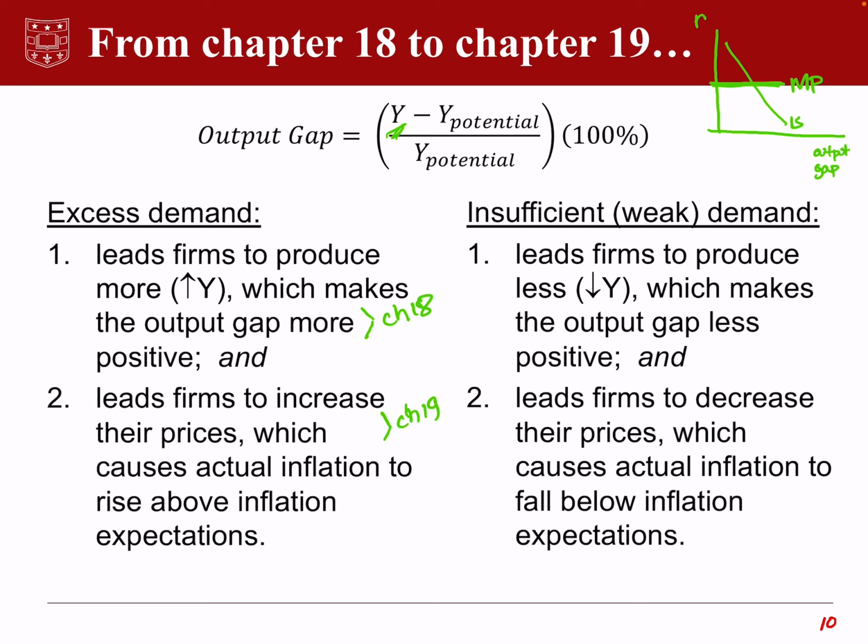In other words, moving in that direction, and in the Chapter 19 edition, that could lead firms to decrease their prices. So again, this is our story from Chapter 18, and now we're just adding a layer of richness to it by incorporating the possibility that prices can change.